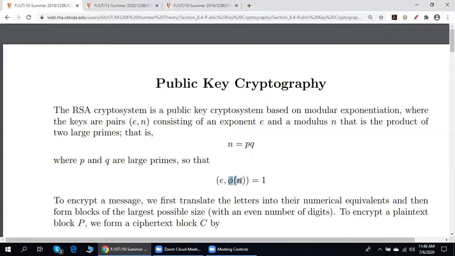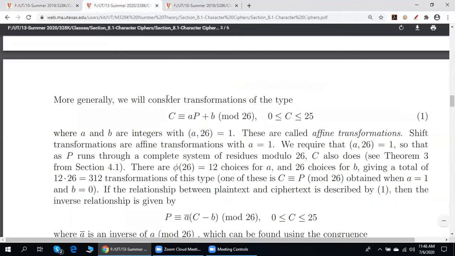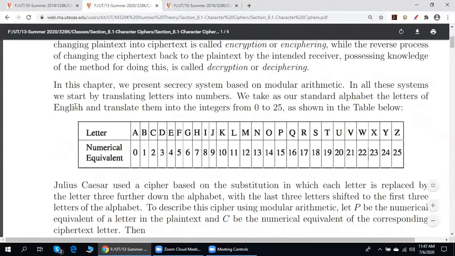Since we know phi of n, it's not that hard to come up with a positive integer e such that e and phi of n are relatively prime. Here is what we do next. To encrypt a message, we first translate the letters into their numerical equivalents. We use this table.